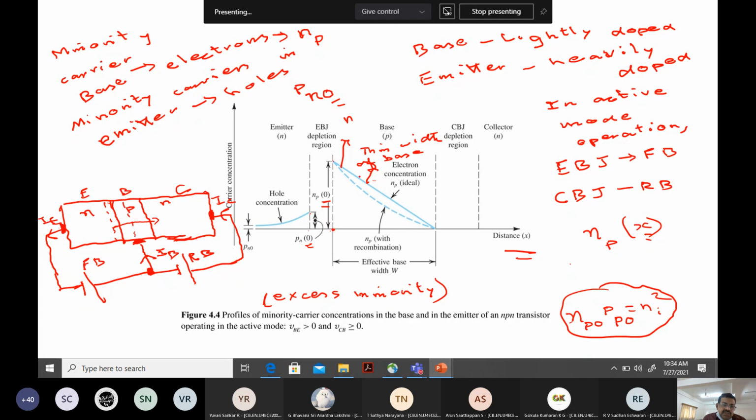This is a linear slope which is gradual, but here it is slightly higher, as the number of holes lost in the base region is small compared to the emitter. Okay, here because there will be lots of electrons, they will be readily willing to occupy all of the holes, and because of these two facts, this is the answer.